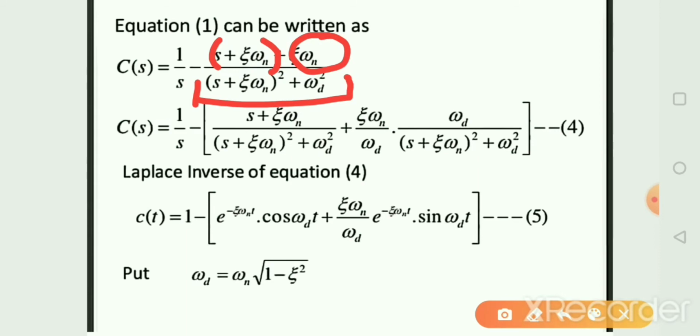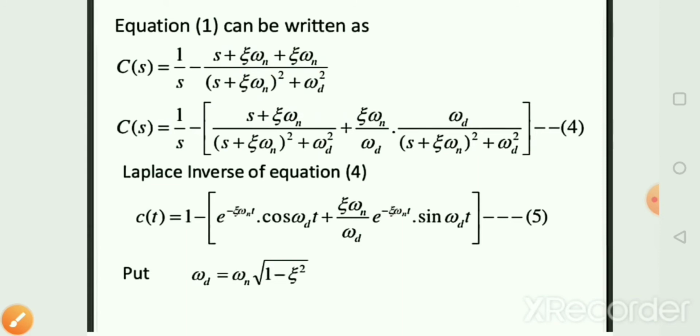So here we can represent this equation as 1 over s minus (s + ζωn) over (s + ζωn)² + ωd², and ζωn over (s + ζωn)² + ωd². Now we multiply numerator and denominator by ωd. This is our C(s).